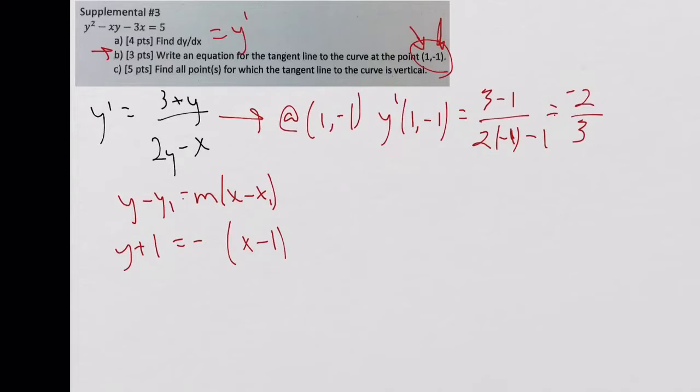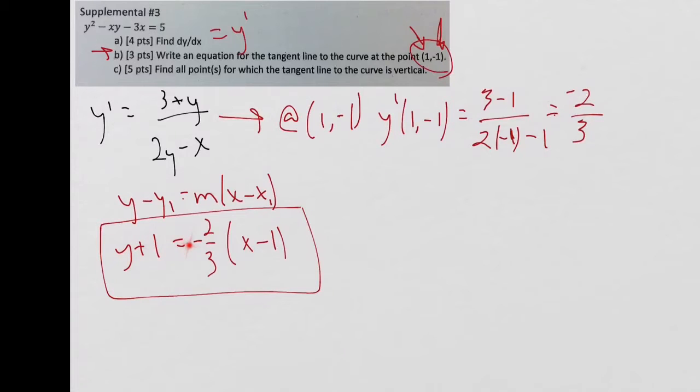So that gives me negative 2/3. So I get y plus 1 equals negative 2/3 times (x minus 1). That is the answer for part B.